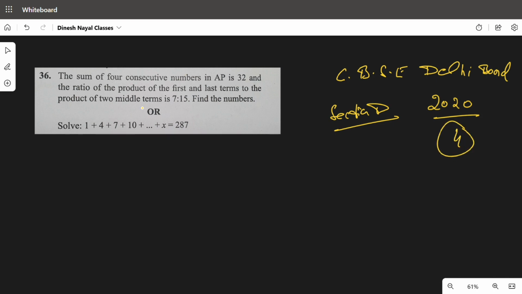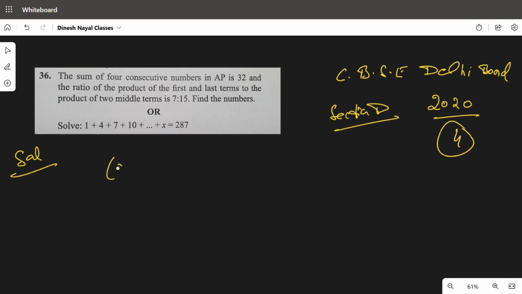Now they are saying the sum of 4 consecutive numbers in an AP is 32, and the ratio of the product of the first and the last term to the product of the two middle terms is 7:15. Find the numbers. Whenever you have to take 4 numbers in an AP, always take them like this.